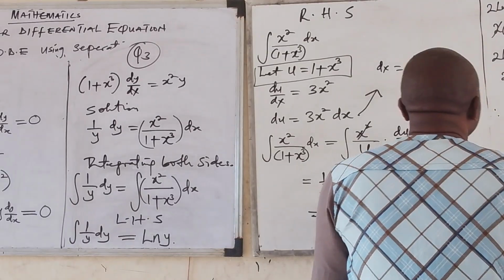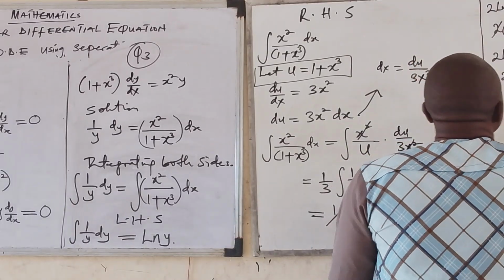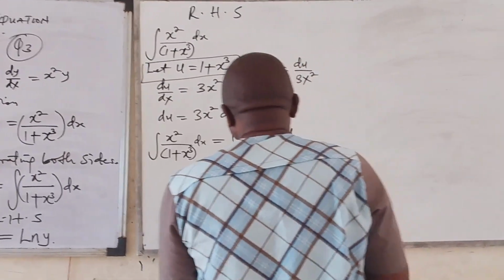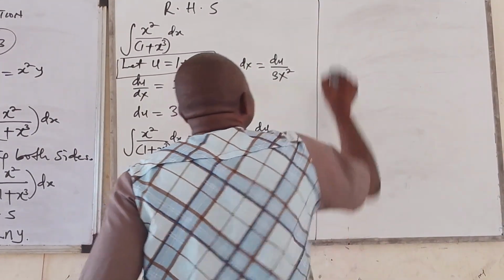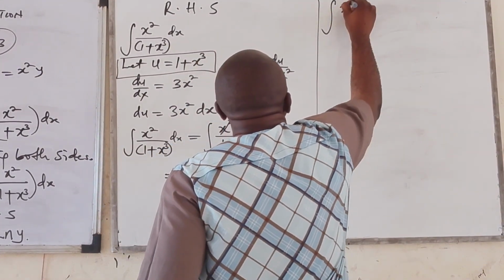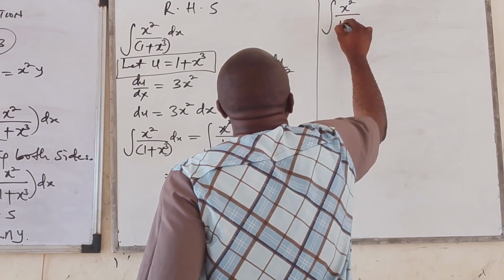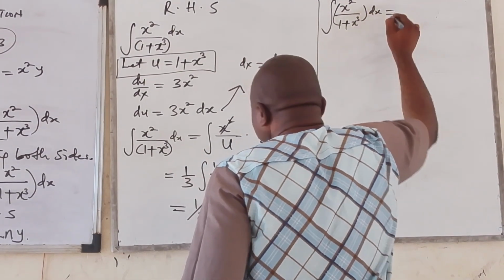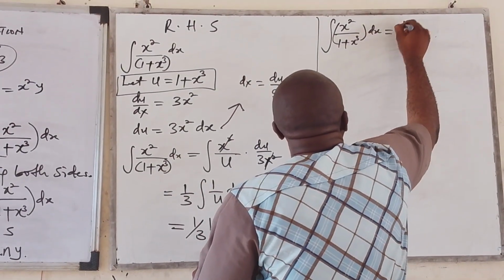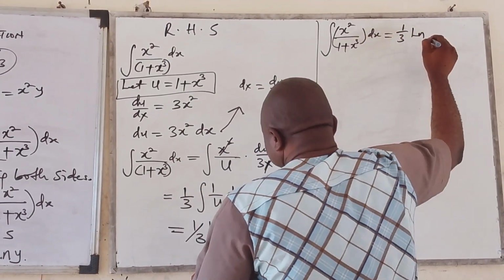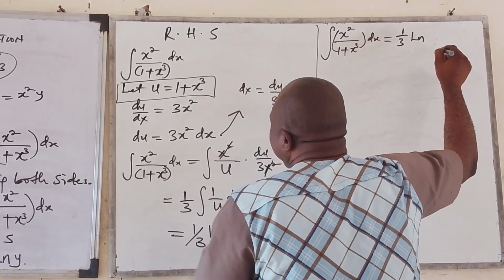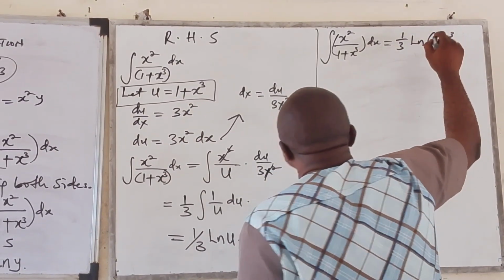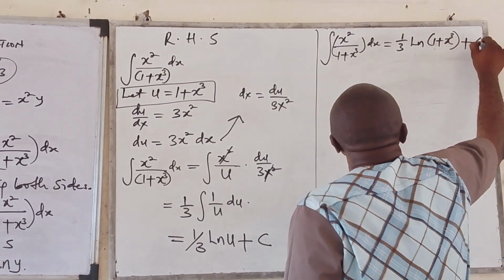So the integral of x squared all over 1 plus x power 3 dx will be equal to 1 all over 3 ln of (1 plus x raised to the power of 3) plus c.